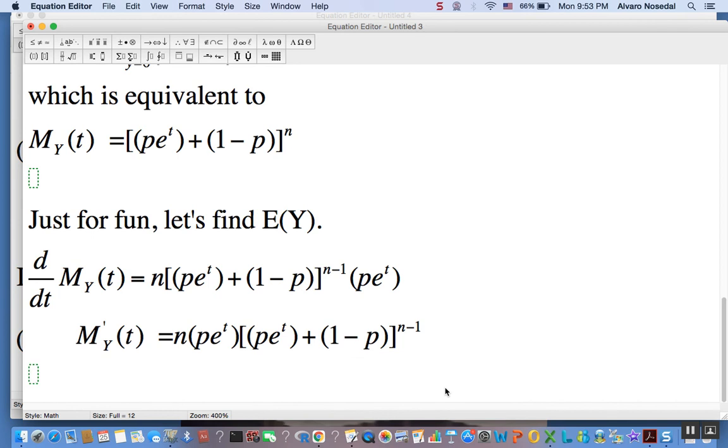Okay, so now we know that to find the expected value, what we need is to evaluate that derivative at 0, right? So let's evaluate at 0.